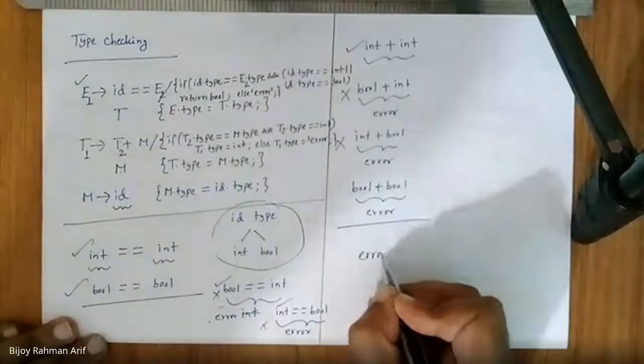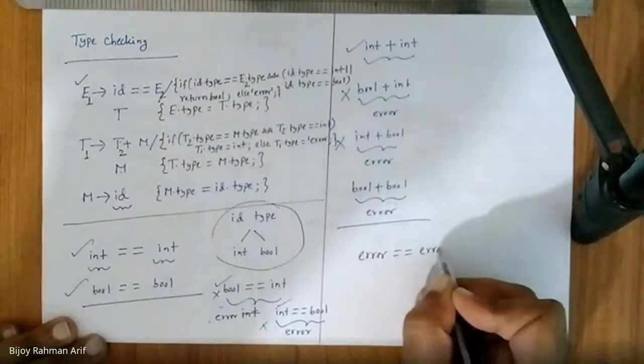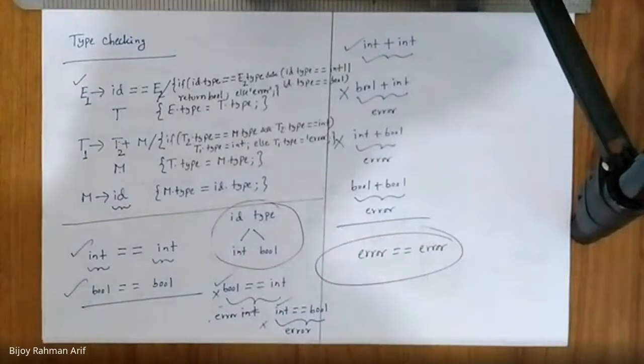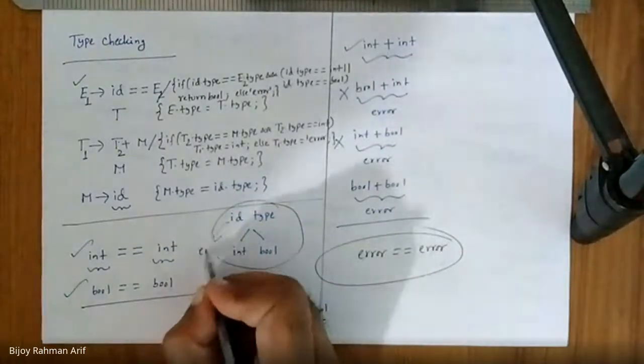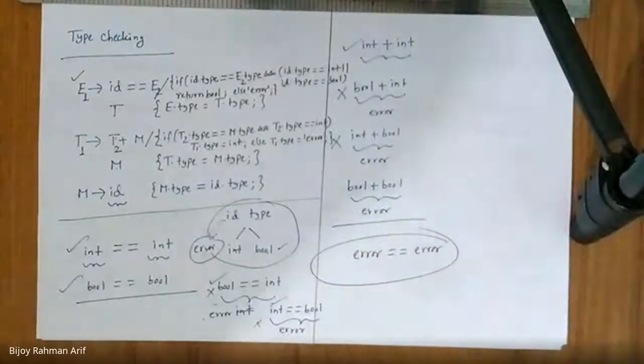Without that extra condition, it will accept that too. Then error equal to error will be accepted. If I can handle the error in a single line, why do I require extra?